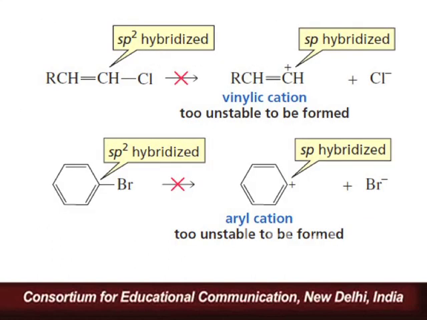As you can see on your screens, the vinylic halide does not undergo bond dissociation easily. And if it undergoes, the carbocation is not formed because it is too unstable since the positive charge is on sp-hybridized carbon. Similarly, from bromobenzene, we do not get an aryl cation, again because the carbon bearing the positive charge is too unstable to be formed.